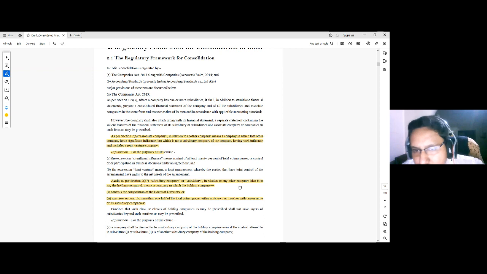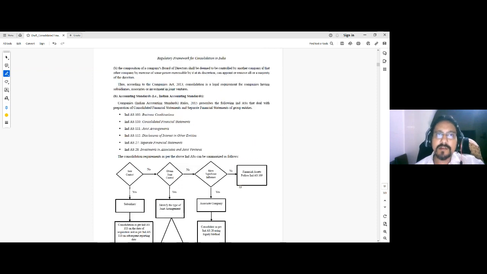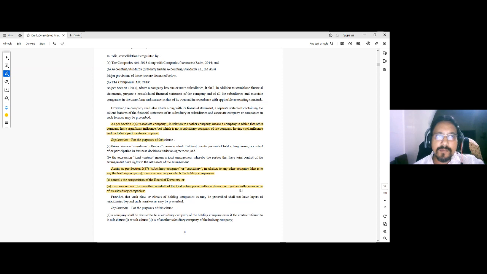And if time does not permit, in the next class on CFR, I will continue this discussion and try to cover consolidation with associate also, while that will not be that important for examination purposes, as I have mentioned repeatedly. So that was the consolidation related compliance requirement as per Companies Act 2013.